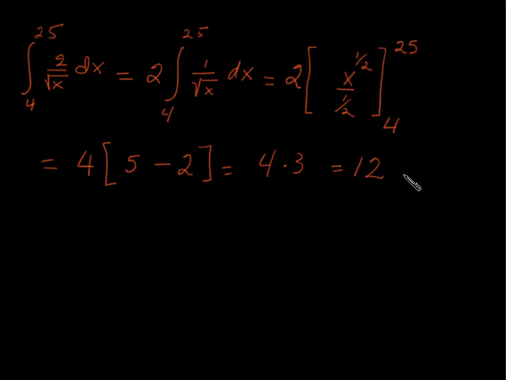And so my definite integral is a number in this case. It's equal to 12. And had we drawn this function, 12 would be the area under the graph of this function between 4 and 25.